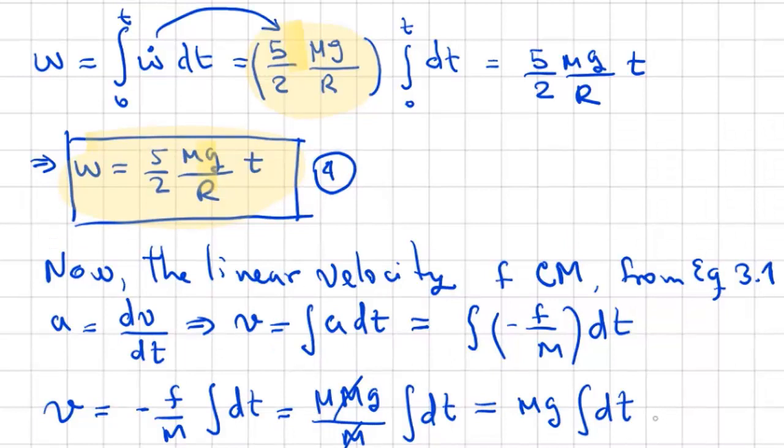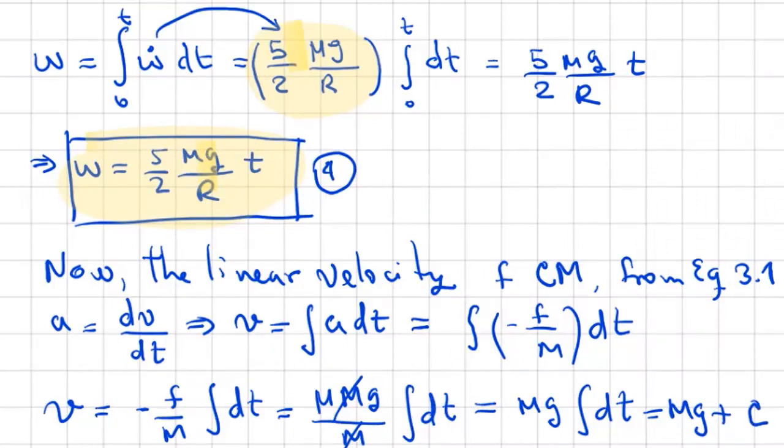We don't have limits on this integral because we want to calculate the initial velocity of the ball. It's going to be mu g t plus c, where c is the integration constant.